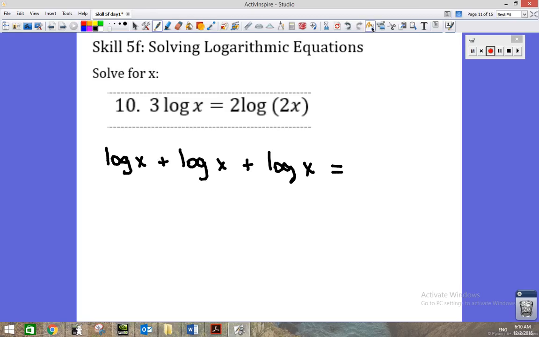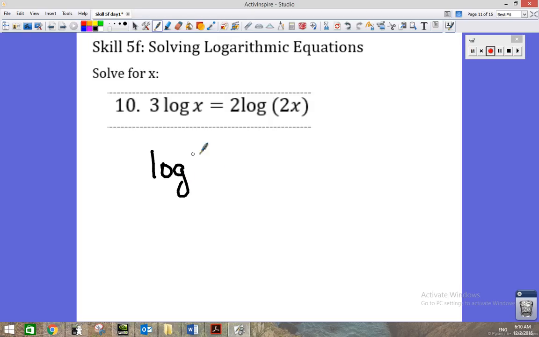So what we need to do is have log equal log if we want to apply that one-to-one function idea. By the power rule, this coefficient of 3 on the left-hand side, I can write as a single logarithm. It's the log of x cubed. And on the right-hand side, I have the log of 2x squared. The parentheses are important because this base now has an exponent of 2. It's 2x times 2x, not just the x squared.